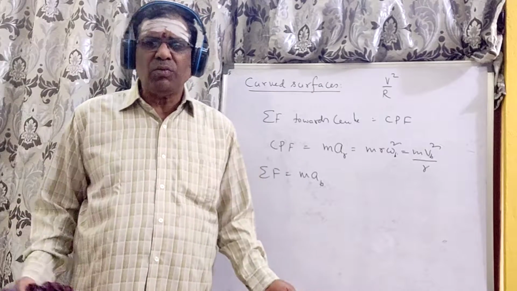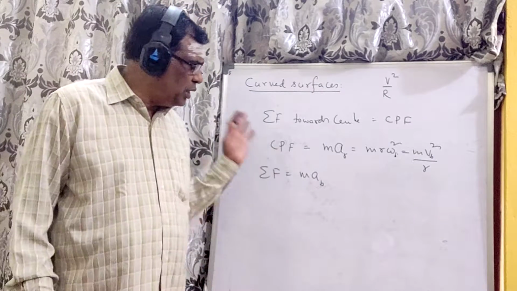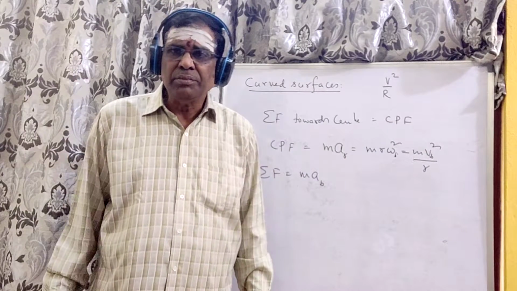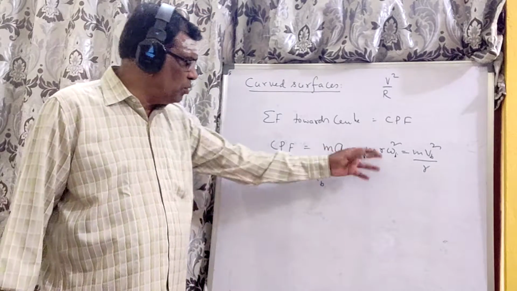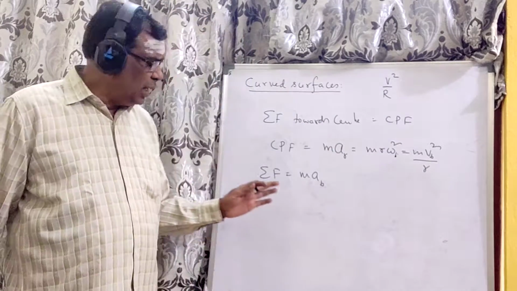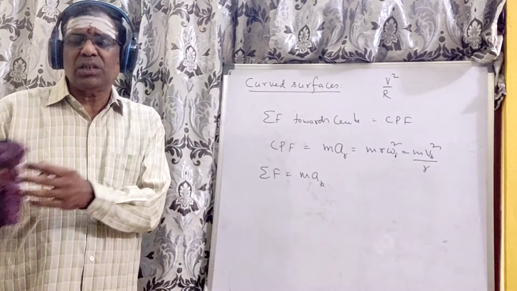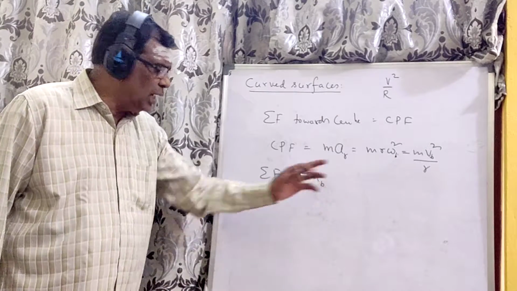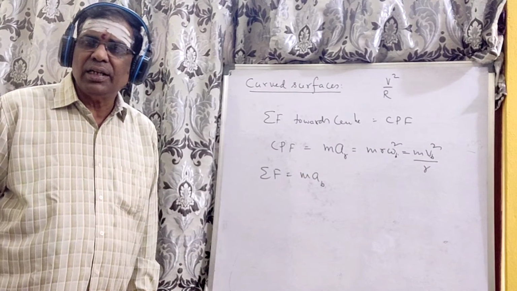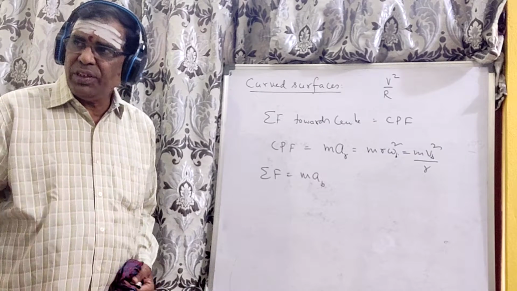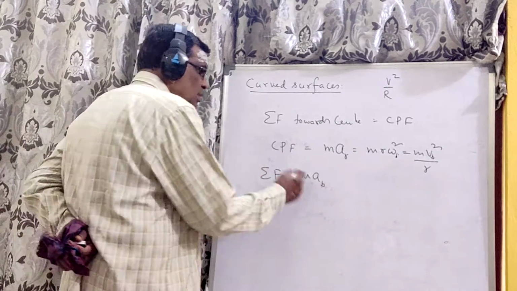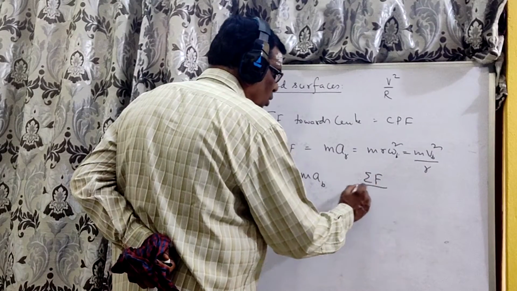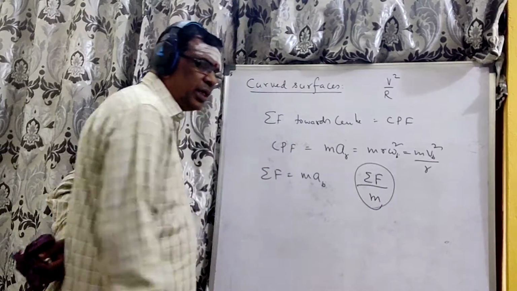And what will happen if all the forces act? Your answer must be it accelerates the body. And what is that acceleration? You may find out from this equation: all the forces are on the left hand side and the acceleration is on the right hand side. So the definition of acceleration is the net force acting on the body per unit mass.